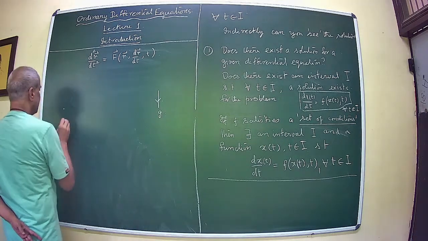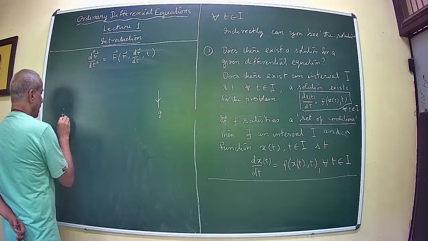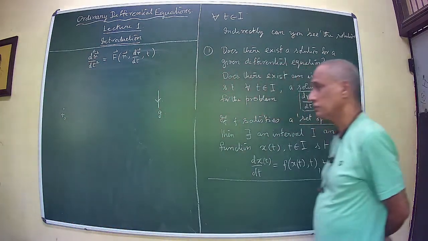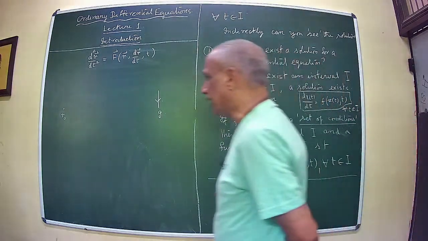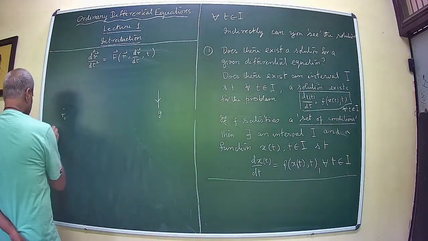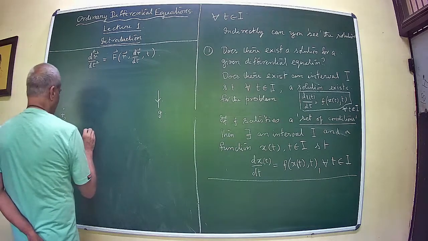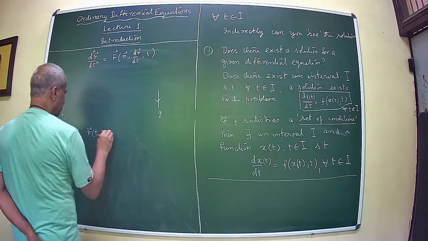One, the position r0. The second thing is, at time t equal to t0, r(t0) equal to r0.